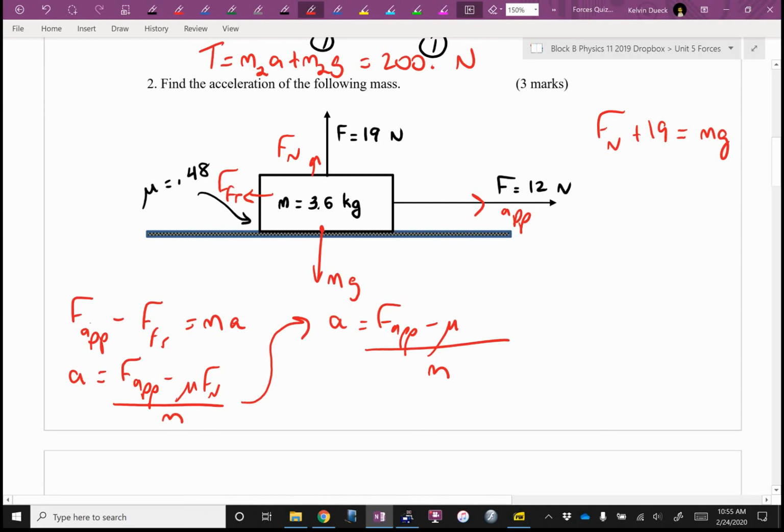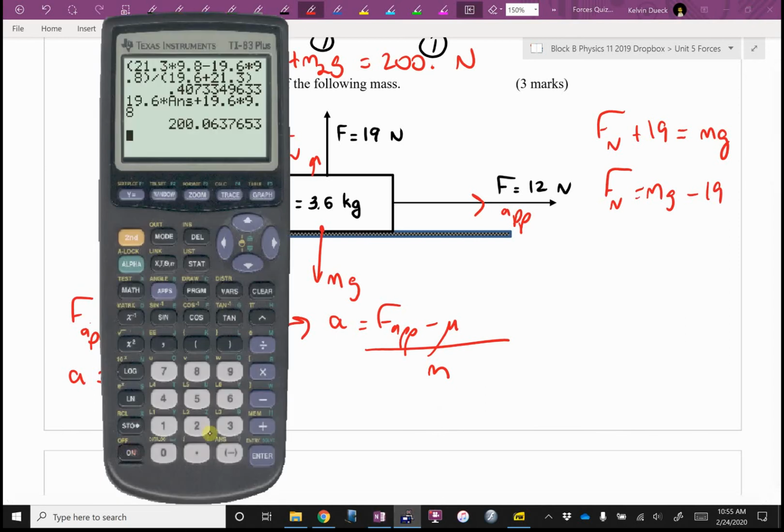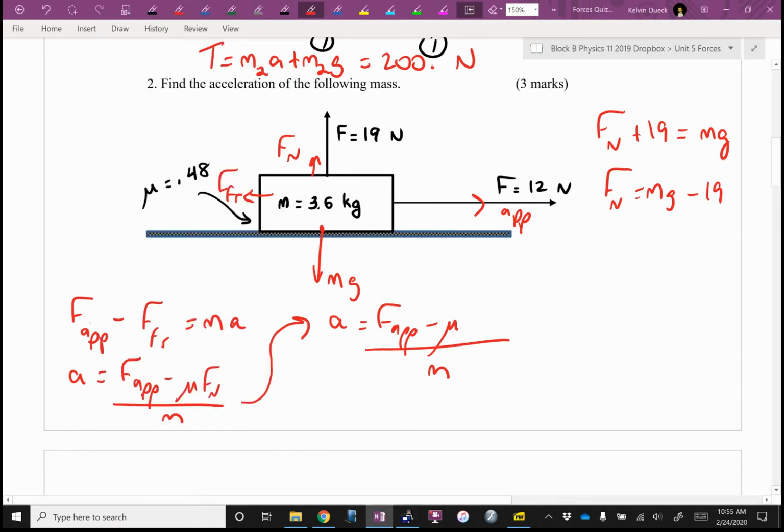How would I get the normal force by itself in this little mini equation here? Yep. And so you have a choice. You could crunch that if you wanted to. You could actually go 3.6 times 9.8 minus 19 and just stick that 16.28 in for the normal force. Or you could put the whole algebraic expression right there. I don't care which method you use.